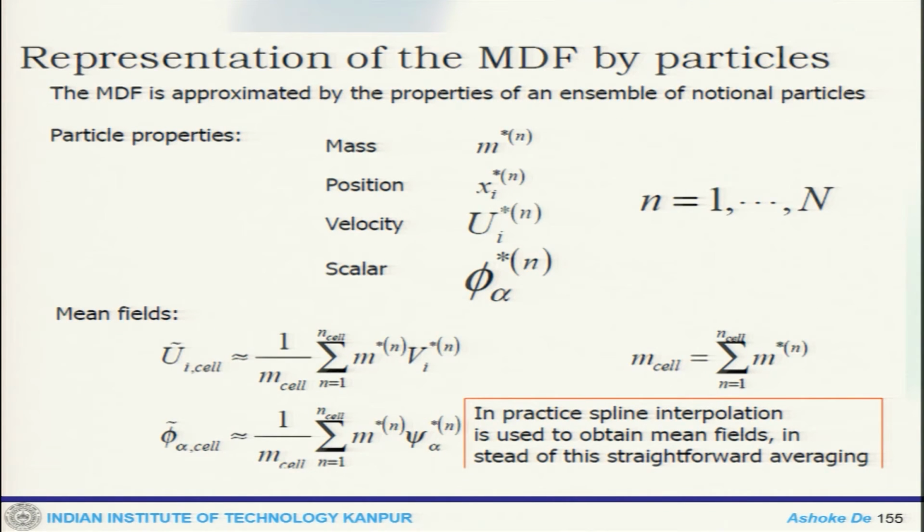Now, when you look at the mass density function by particles for velocity scalar PDF, you have some notional particles, and a number of notional particles in each cell. They have a certain mass, they will be at a position, there will be some velocity and there will be some scalar.